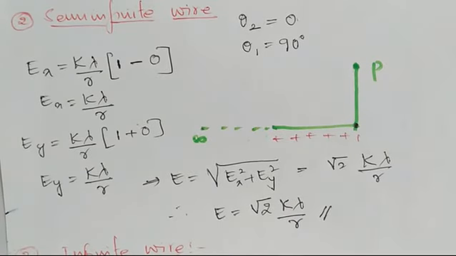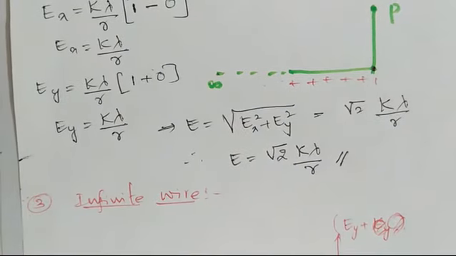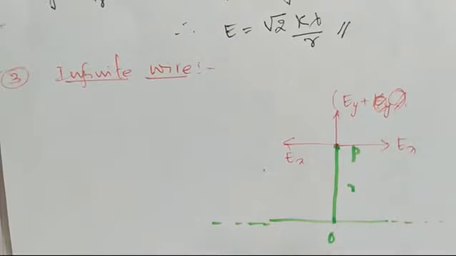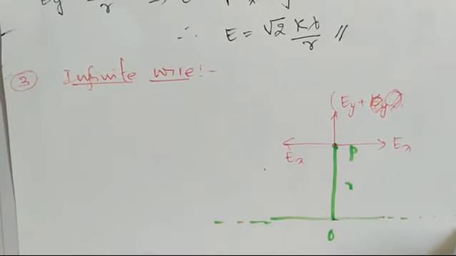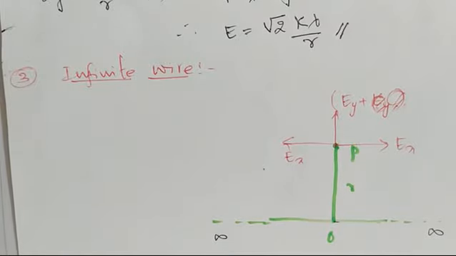Right? So now if you consider an infinite wire, infinite wire means both sides are extended up to infinity. This is also infinity and this is also infinity.